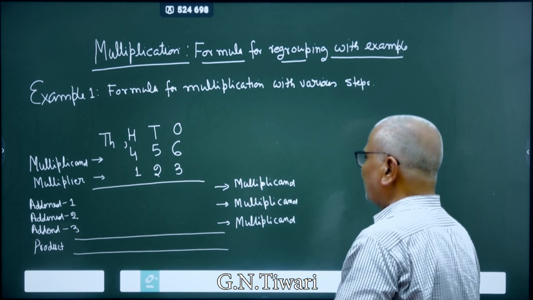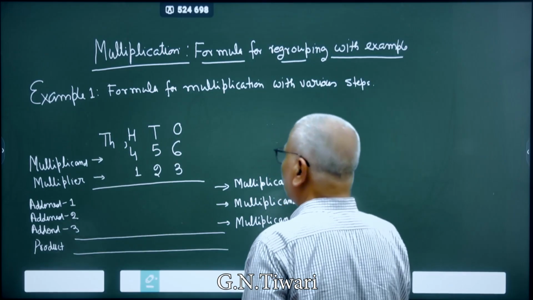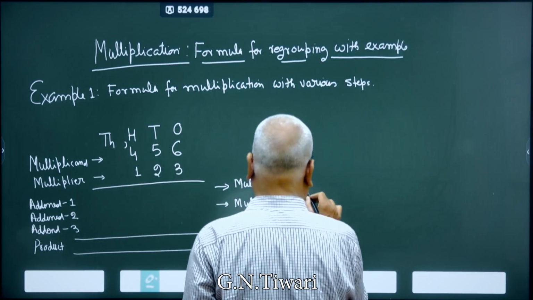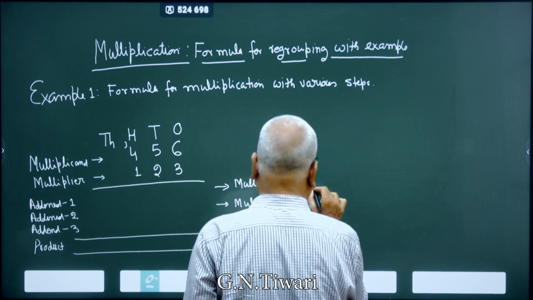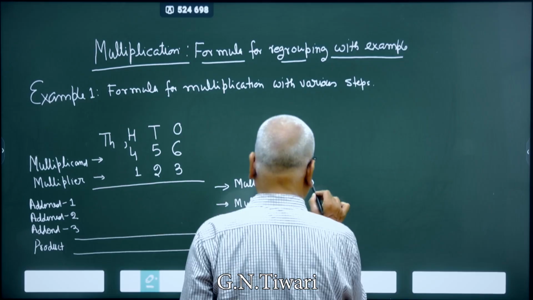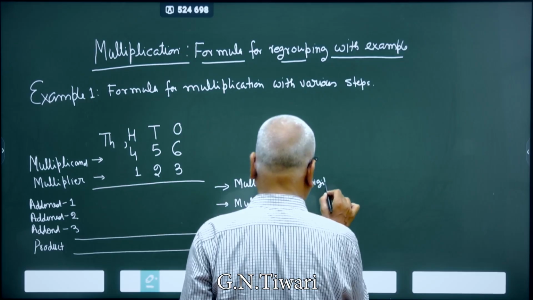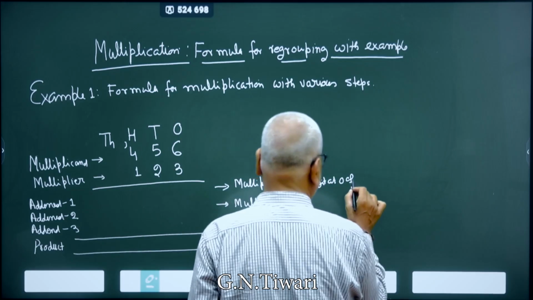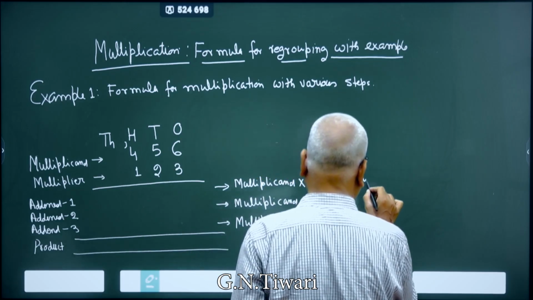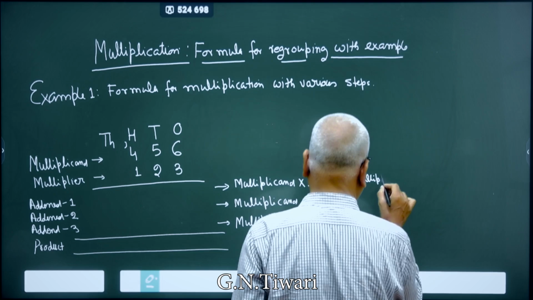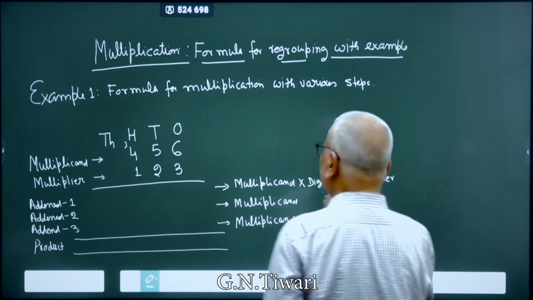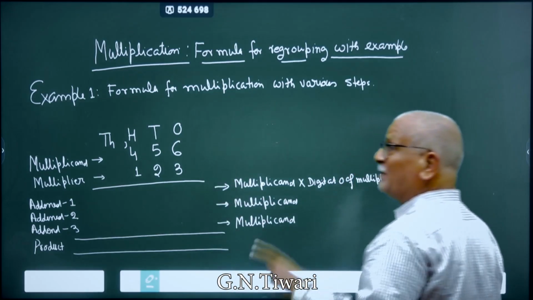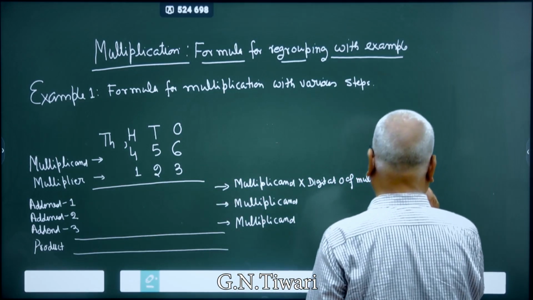Please keep this in mind. After that, what should we do? This multiplicand should be multiplied by 3. So here say multiplied by digit at O of multiplier. These are very important things, keep them in mind. And since this digit is at O, meaning ones, it should be multiplied by 1.